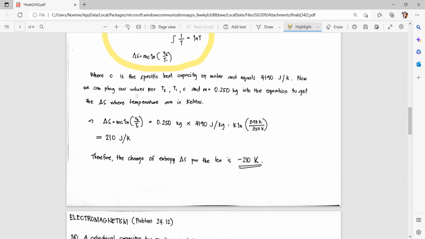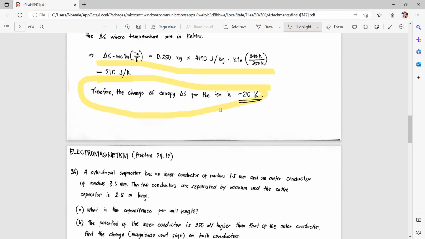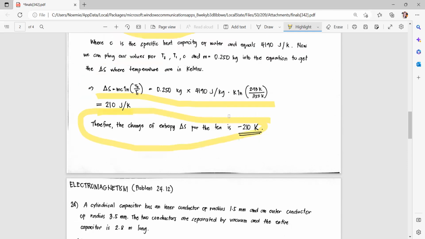Now we can plug in our values for T2, T1, C, and m, which is 0.250 kilograms, into the equation to get the change in entropy, where temperatures are in kelvins. So we will get this result. Therefore, the change in entropy for the tea is negative 200.